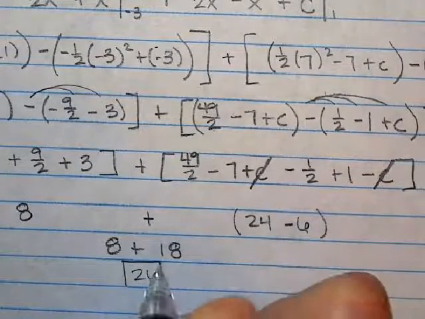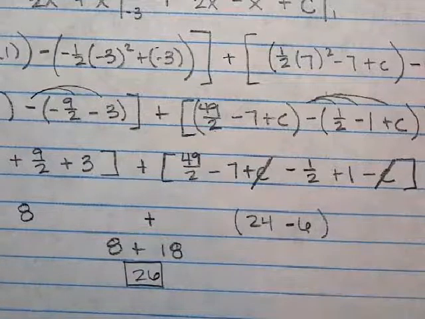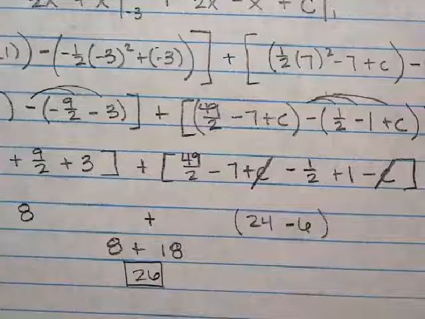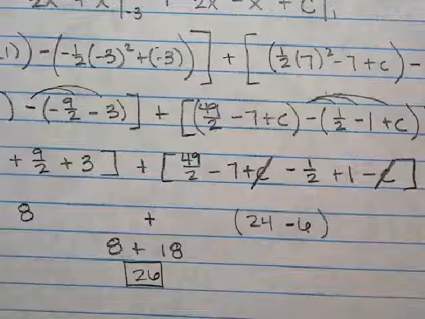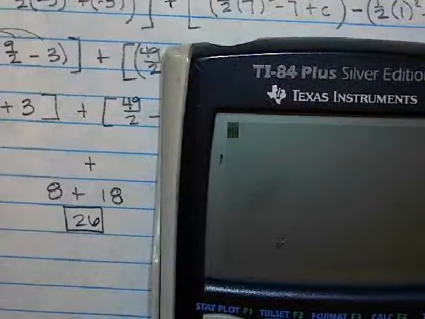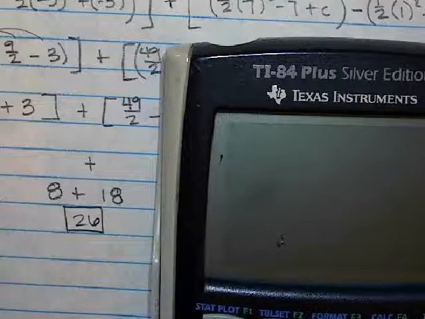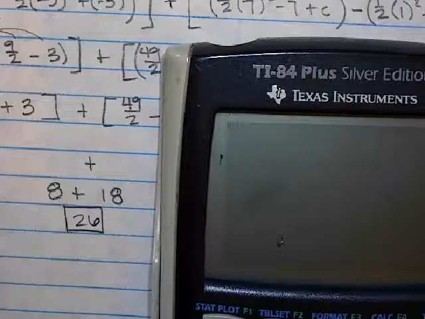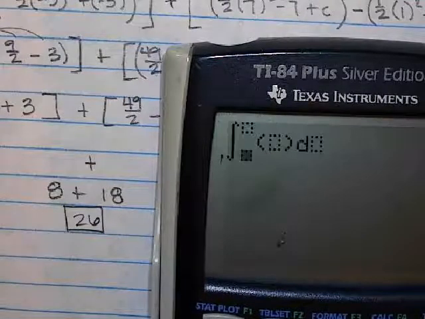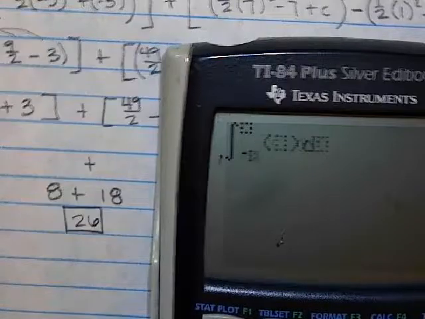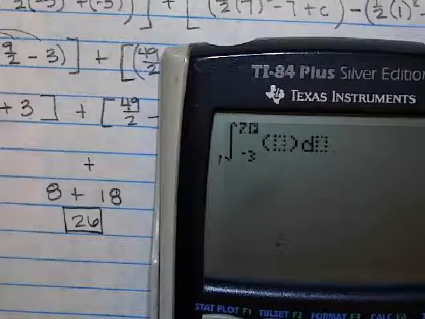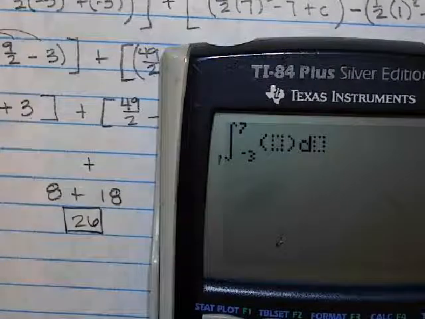Okay. Anyone remember how to type this in? We've done it on one assignment so far. Not very much. Math. What was it? 9. Math 9. So we're going to go from -3 up to 7. How do we get the absolute value in there? It's still math.